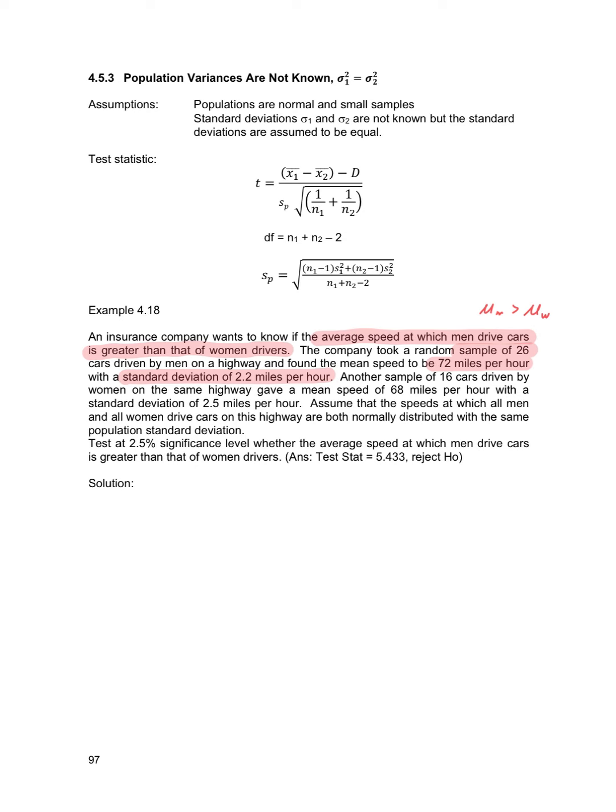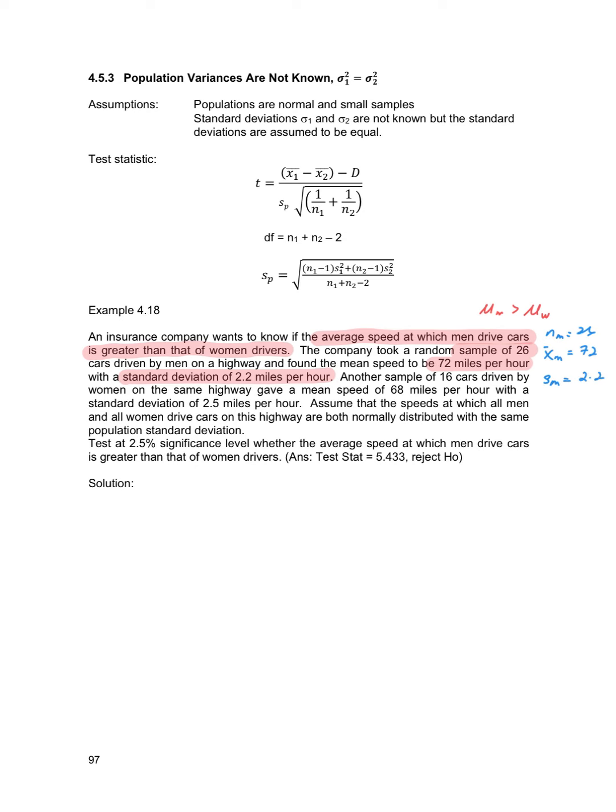kita ada n untuk men, n for men equals to 26. X bar for men equals to 72 miles per hour. And s for men equals to 2.2.